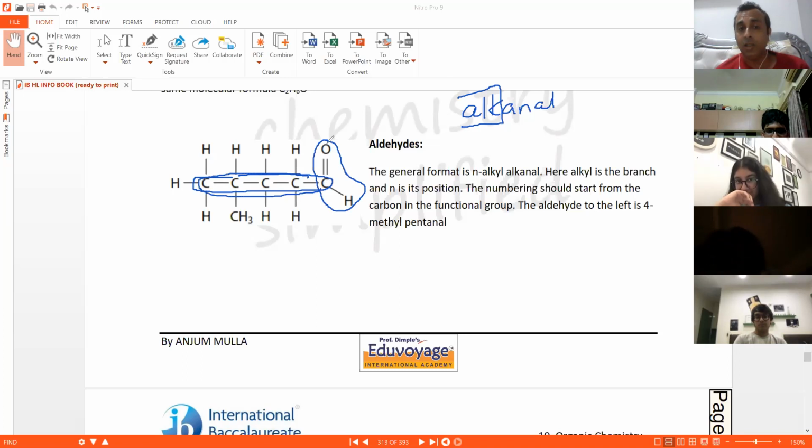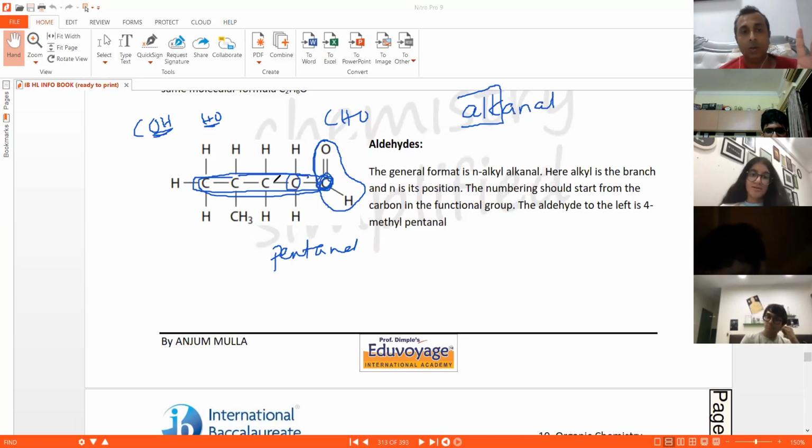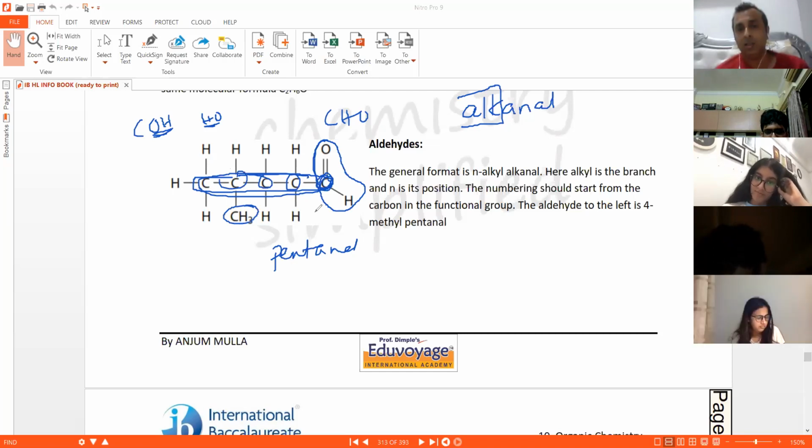In the formula we write CHO for aldehyde, and alcohol is COH. OH is alcohol, HO is aldehyde. So this is pentanal, and numbering has to start from here, no other option. 2, 3, 4. So 4-methyl pentanal.